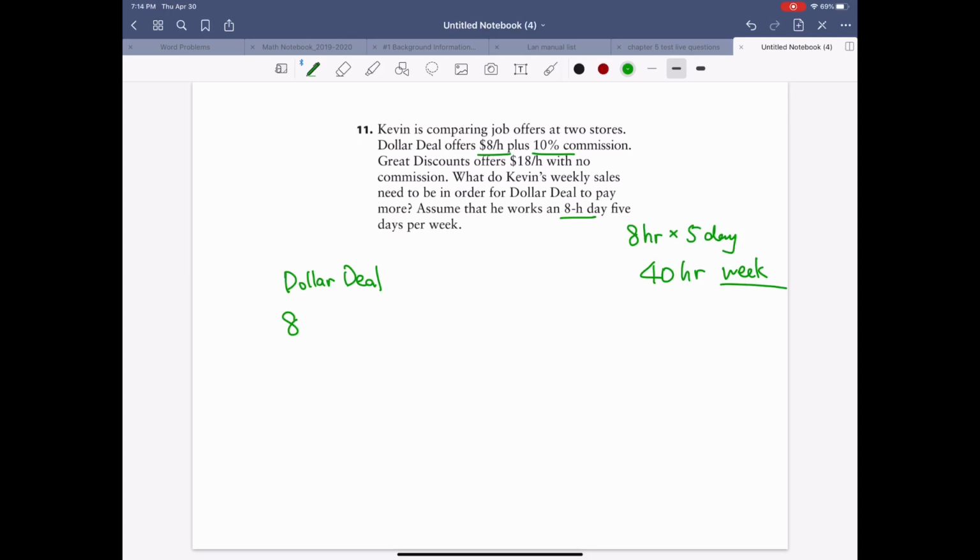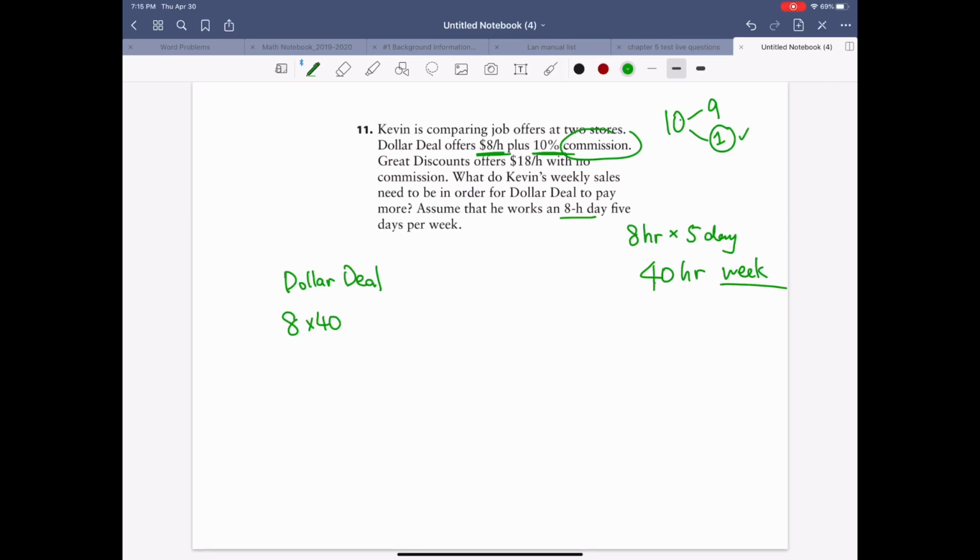So $8 per hour. In the week he needs to work 40 hours, so times 40, plus 10% commission. Commission means that, for example, if my weekly sales are $10, with 10% commission, 9 goes to the company and I get 1, because 1 is 10% of 10.